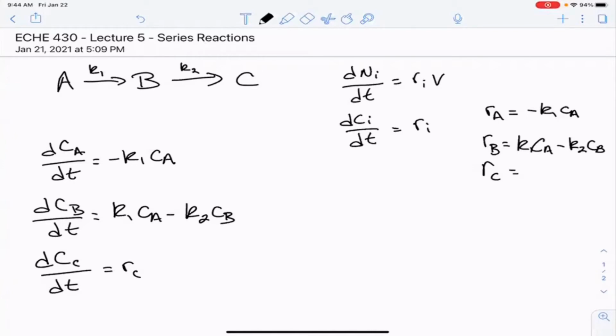We know that it's formed through reaction 2, and that's the only reaction, and it has to be formed at the same overall rate that B is consumed. So what would that be? K2 CB. Exactly, K2 times CB. Good. So that means that dCC/dt is equal to K2 times CB.